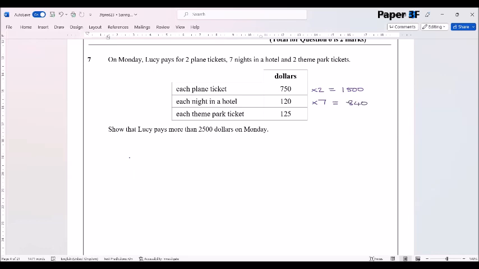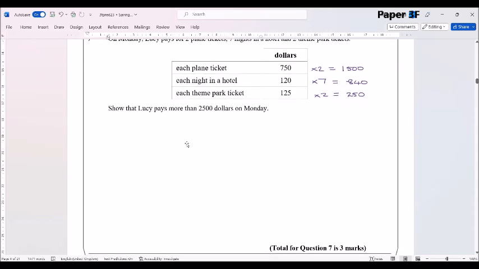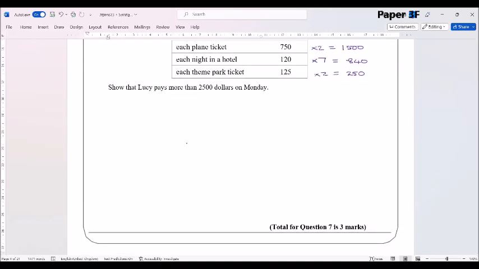And then we've got each theme park ticket. There's 2 of those, so 125 times 2 is 250. Add all those together. We want to show that Lucy pays more than $2,500 on Monday. So we're just going to add all those together: 1,500 plus 840 plus 250.